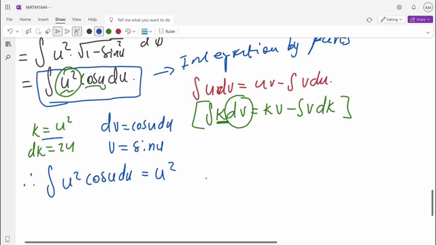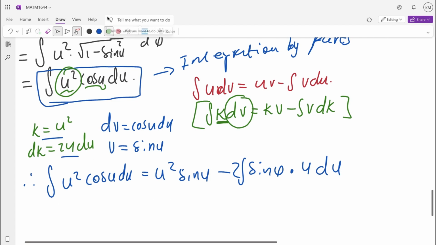So we're going to have u squared sine u, then minus the integral of v. What is v? v is sine u, times dk, where dk is 2u. So I can put the 2 outside right there, then times u, then du. I forgot to put du right there. So there has to be du.